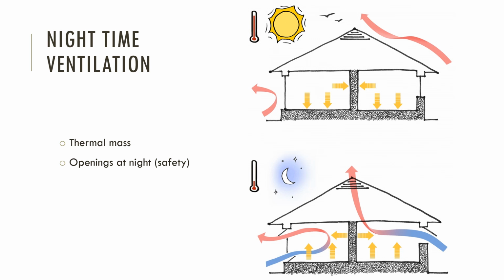So what you can do is have open windows during the night, and this is going to cool down your thermal mass. The heat from the day of the thermal mass is going to be taken away by the nighttime ventilation.